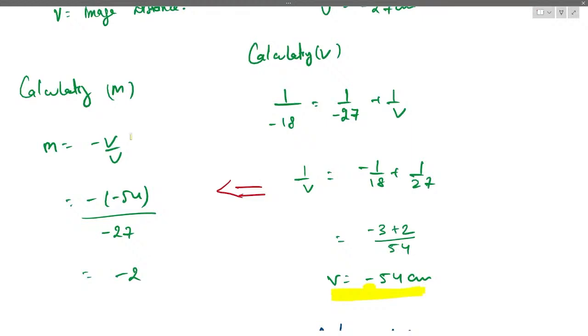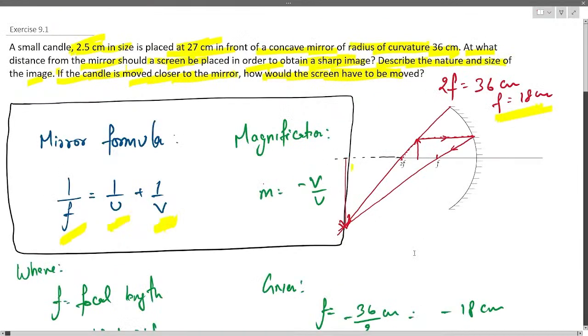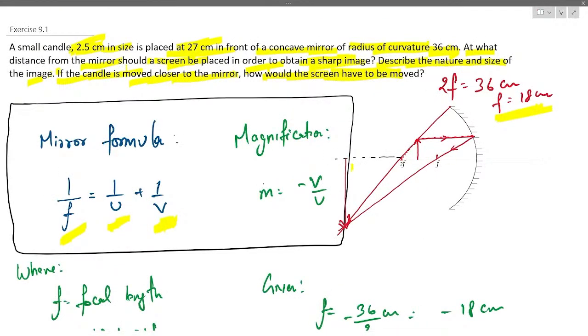Now we can calculate the value of m, that is minus v by u. Substituting the values of v and u in this formula, we get a value of minus 2, that is, the image is magnified and it is real. We can also see this from the ray diagram over here.